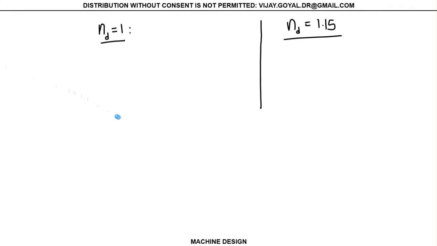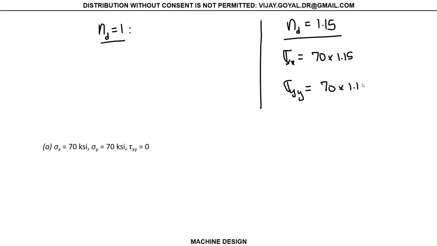In this case, you have the stresses. So what we are saying is that what you will use for sigma xx would be 70 times 1.15, and then tau xy is 0. But we will not do this in this problem, okay? So we are not going to assume this. We're going to assume a design safety factor of 1.